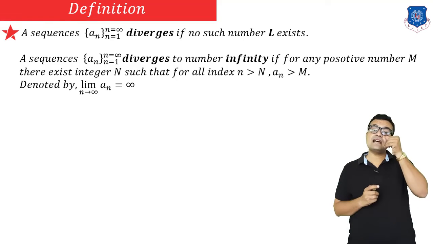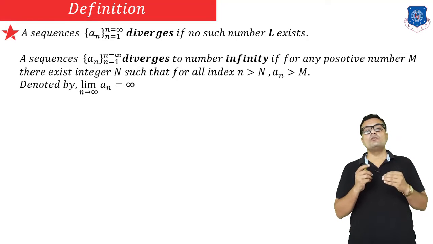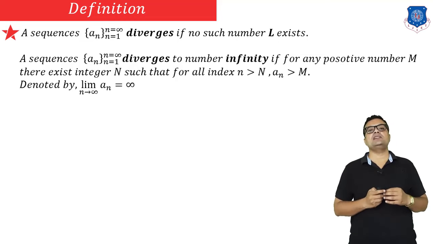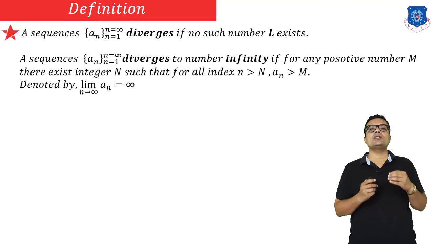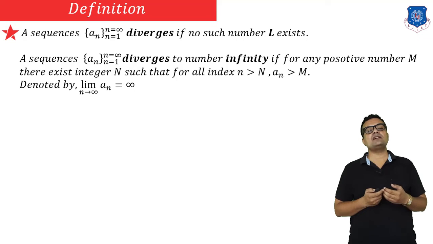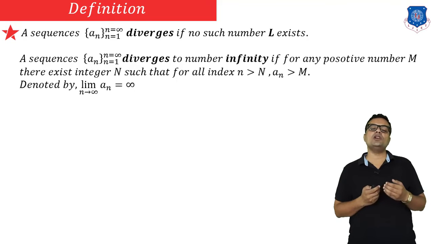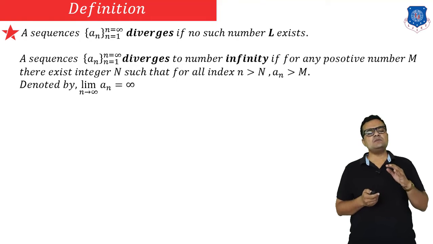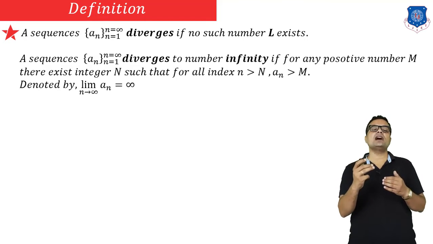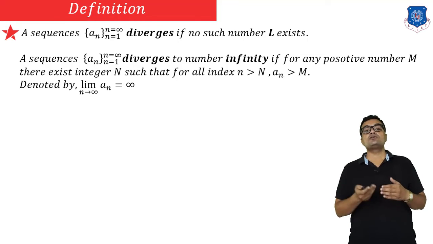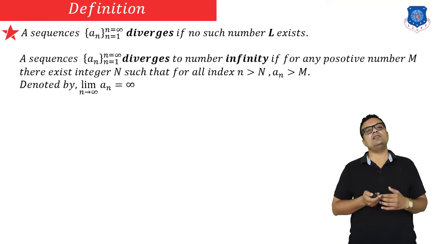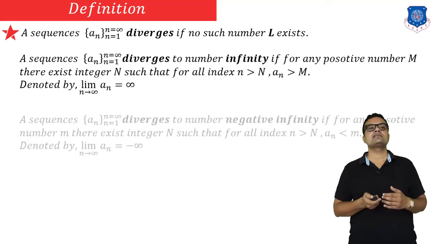The sequence is divergent and moving towards infinity if for any positive number m there exists capital N such that for all indices n greater than capital N, a_n is greater than m. This simply means that after this capital N, all of your values are greater than a particular height denoted by m. So it will reach infinity in a positive sense.